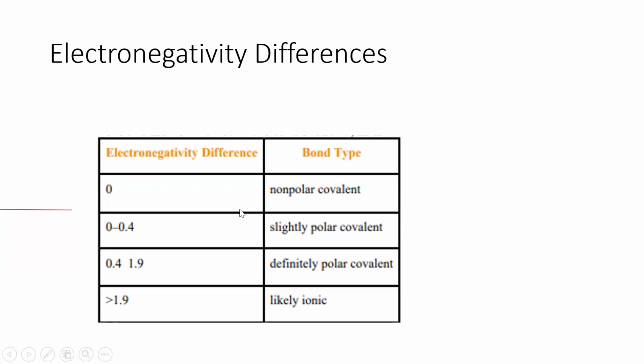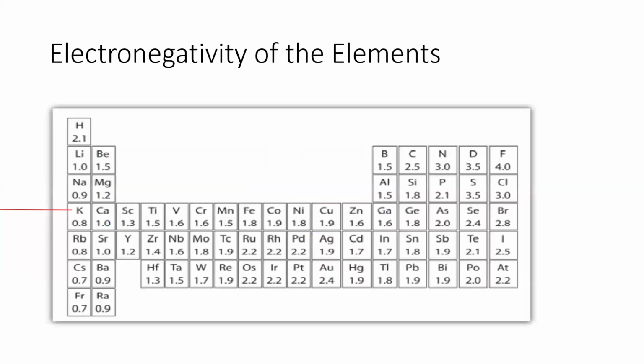From 0 to 0.4 is slightly polar covalent, and from 0.4 to 1.9 is definitely polar. When the electronegativity difference is greater than 1.9, that is likely ionic. You understand? So we'll do examples with it. And like I said, this is the chart. You see the chart?